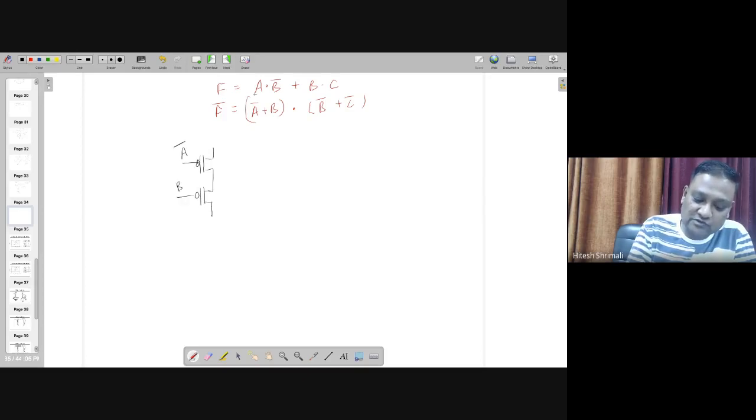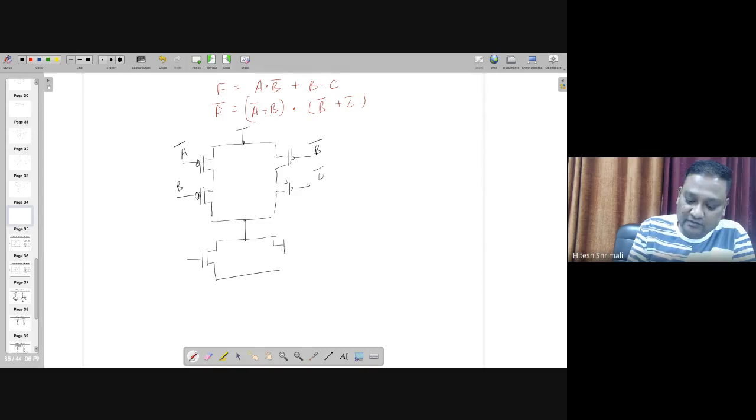This requires A bar and this requires B. In shunt with this one, I'm going to keep two more transistors in series, which are PMOS, whose inputs are B bar and C bar, so that BC will be implemented. On the other side, I need two more logics. So I need two logics, A bar and B, in parallel to implement the first part.